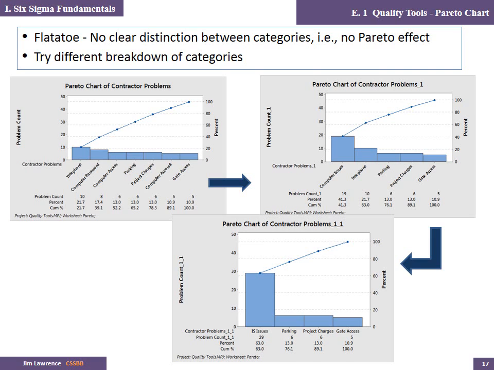If we were to realize that telephone was also basically an information systems issue, then we see that IS issues is a clear vital category for problems with, say, new employees in this case, or contractor problems, I should say.